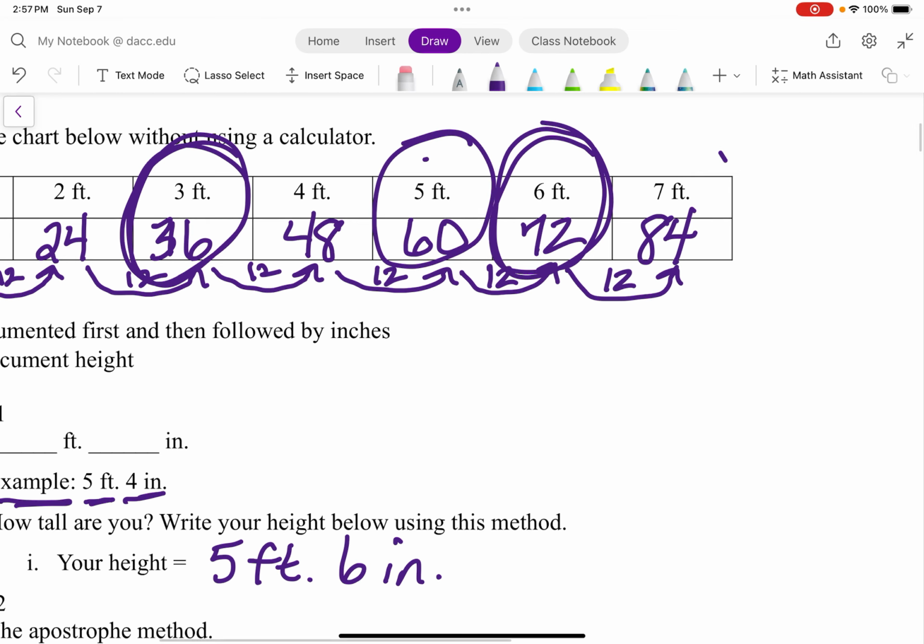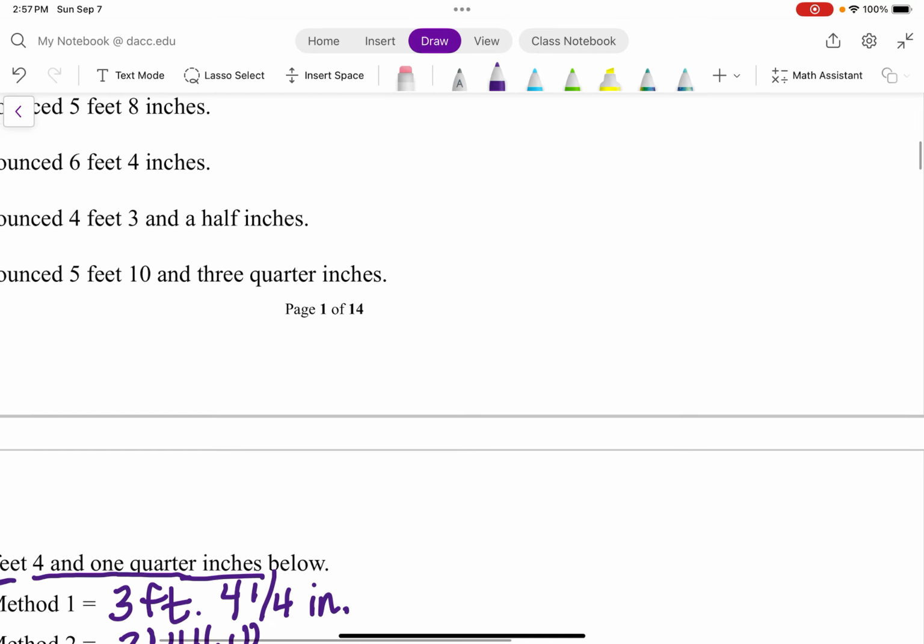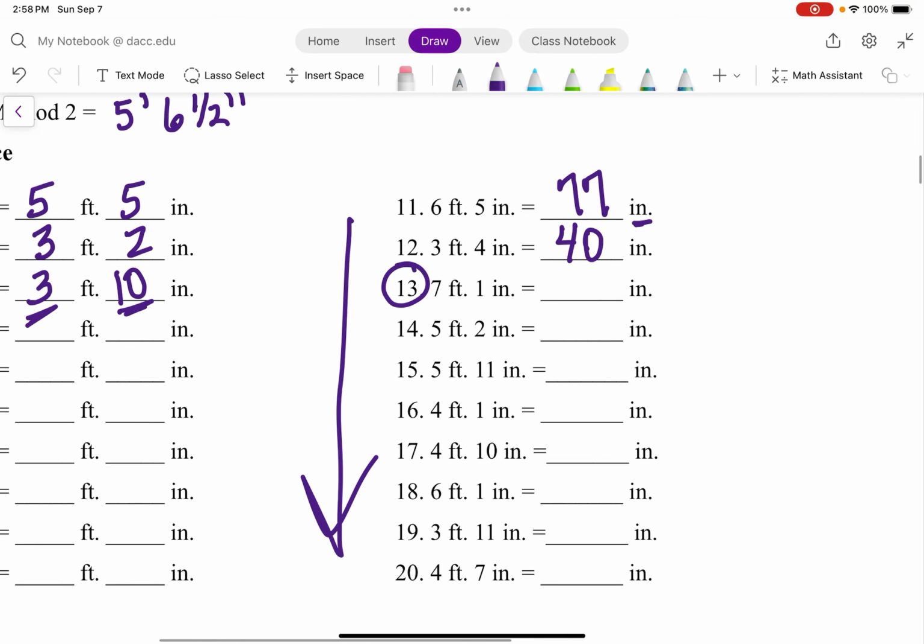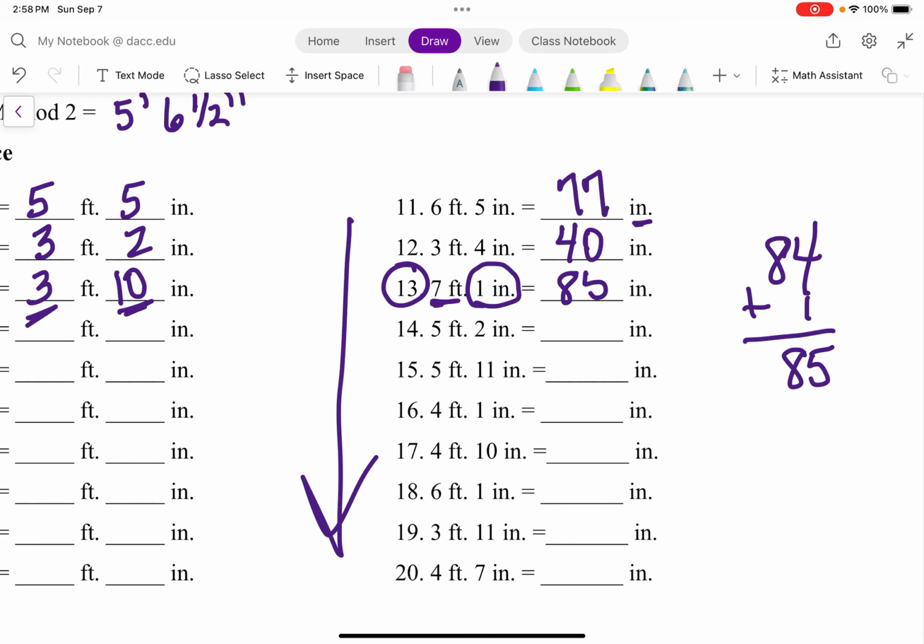And we know 7 feet is 84 inches. So this question is asking us for 7 feet. We know that's 84 inches, but we have to add how many? Yep, we have to add that 1 inch. And that gives us a total of 85 inches by using our chart.